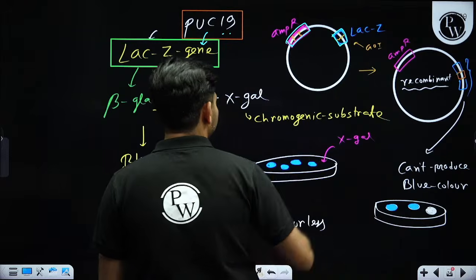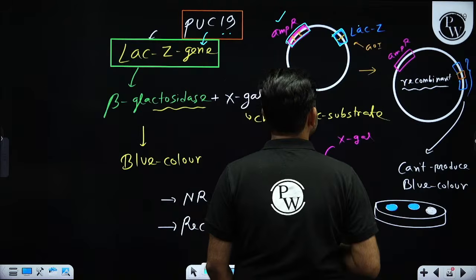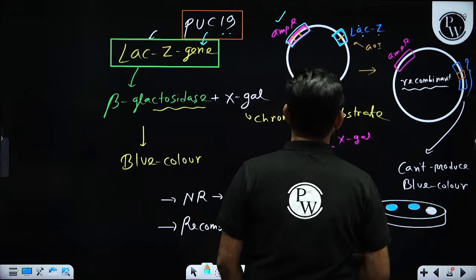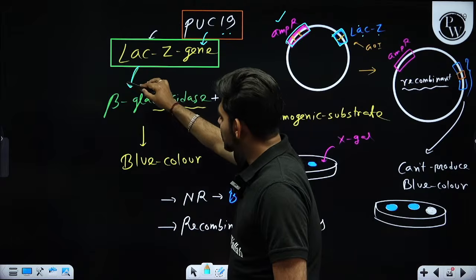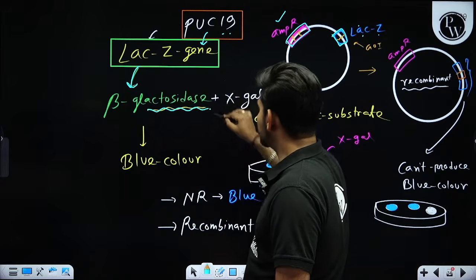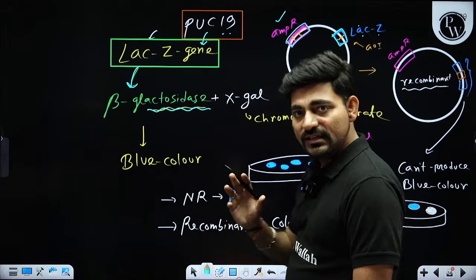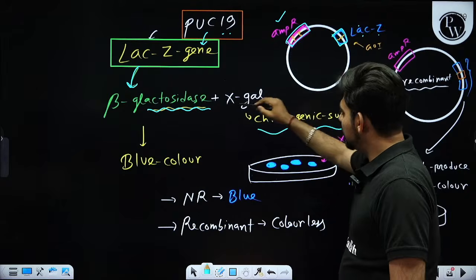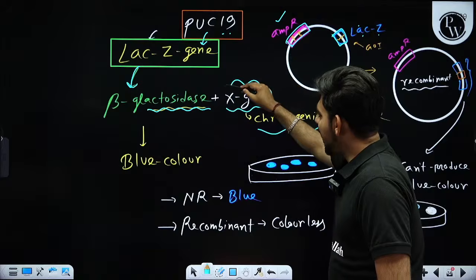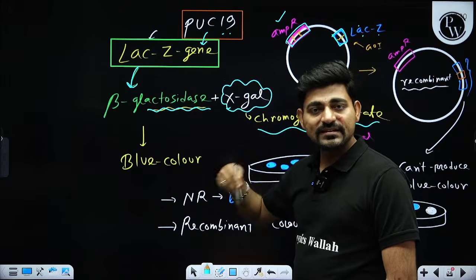Okay. Now, what is the function of lacZ? We already know the function of the ampicillin resistant gene. What is the function of the lacZ gene? lacZ will be producing a special enzyme called beta galactosidase, right? Now, in the culture medium, if you add a chromogenic substrate, X-gal, enzymes need substrate.